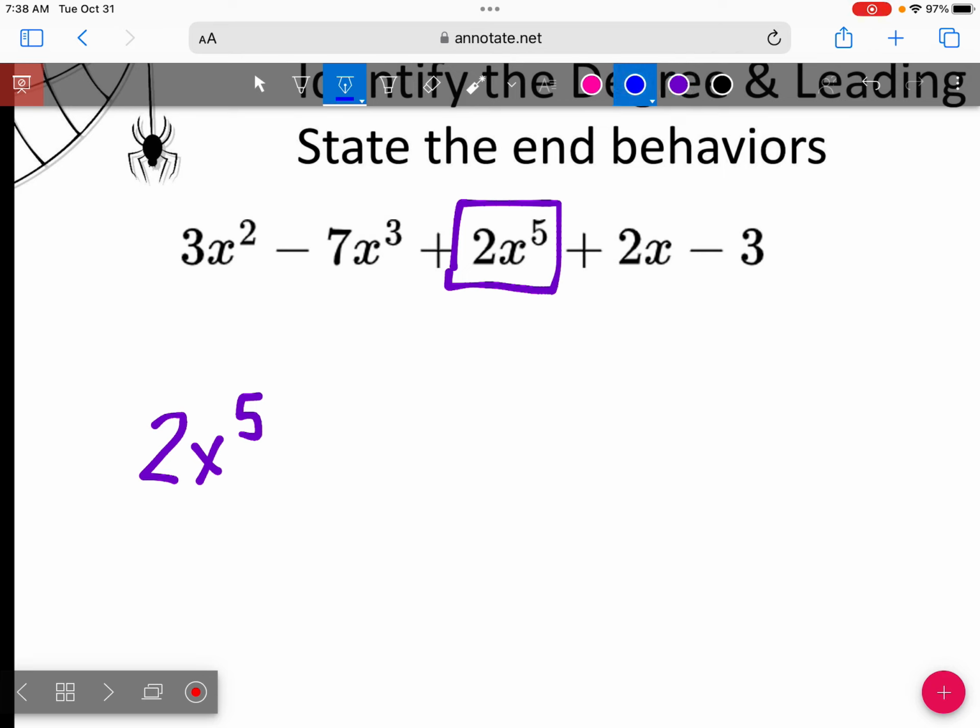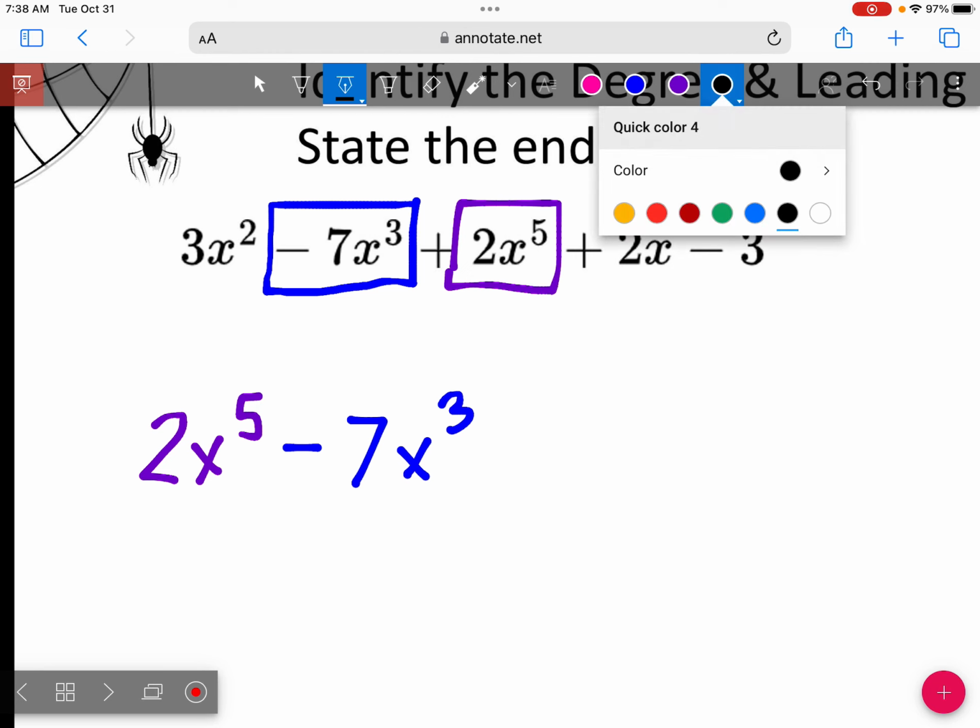What is my next biggest term? Yeah, but we have to be really, really careful because this is actually a minus 7x cubed. So minus 7x cubed. What's my next biggest exponent?